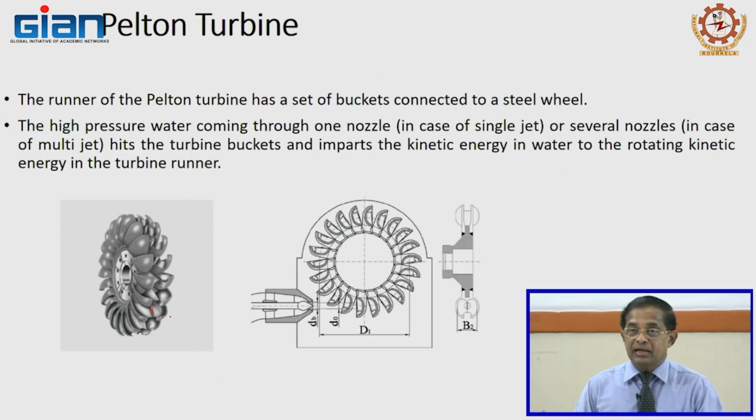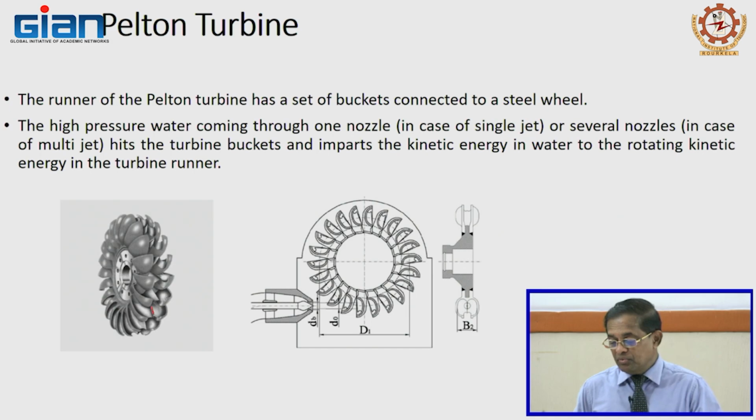Otherwise, vibrations will result when it is rotated. Therefore, it is imperative that the full wheel is balanced. Because of all these things, the Pelton wheel is a bit expensive to build, and it requires very sophisticated technology in the machining process.